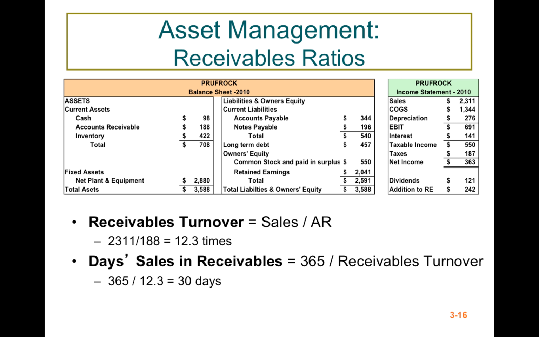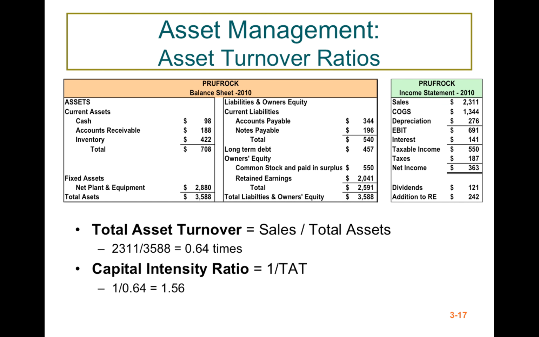As far as your asset management receivable ratios, you have a receivables turnover, which is your sales over your accounts receivable. Again, the higher the better. Days sales in receivables, the lower the better. Cash is collected on sales in fewer days, if that's the case. And then finally, your asset turnover ratios, where you can see total asset turnover.